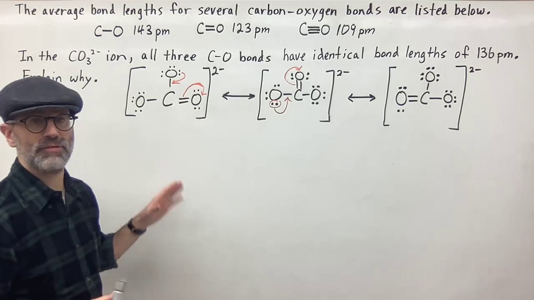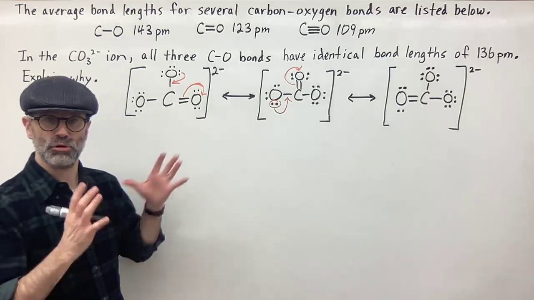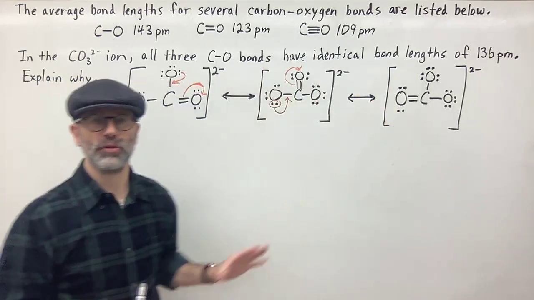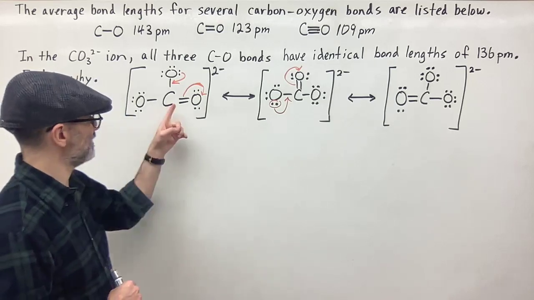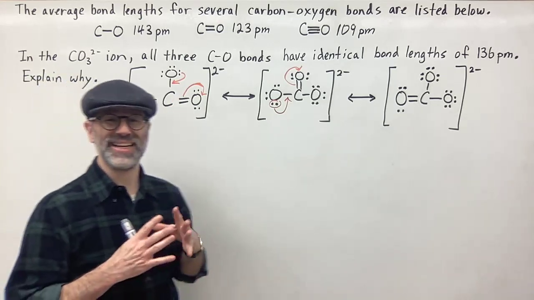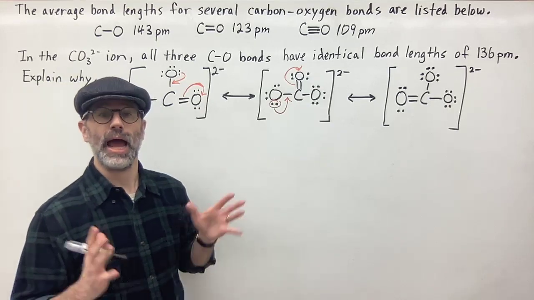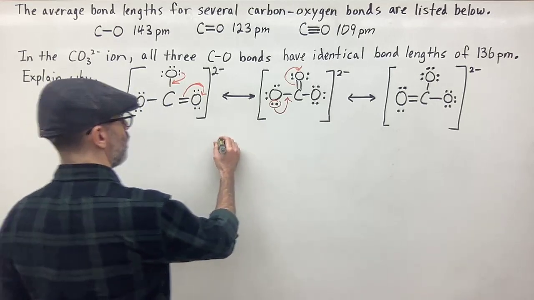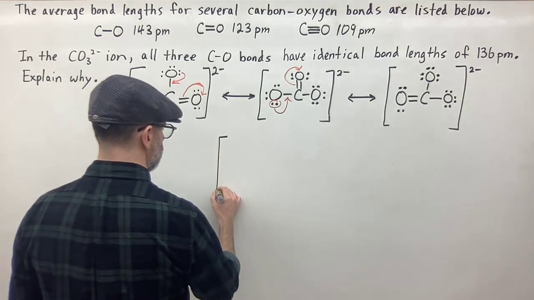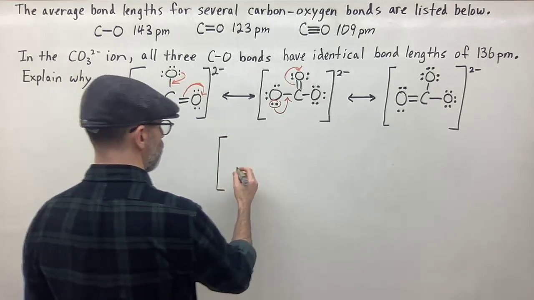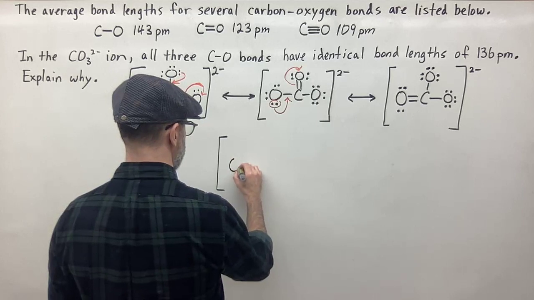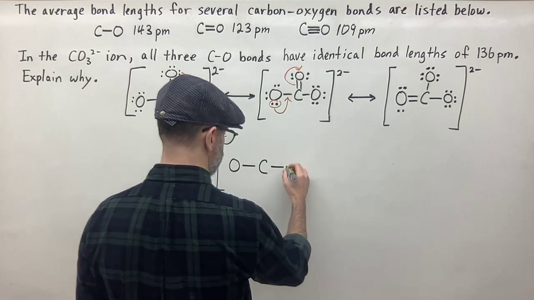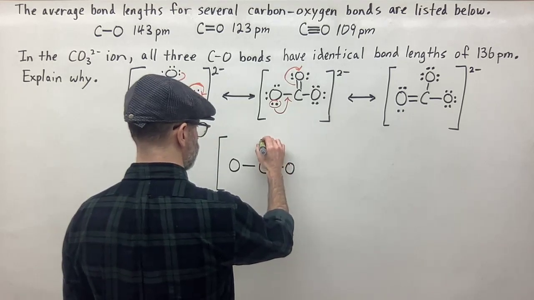So you can think of the actual molecule, the actual polyatomic ion here, as being a hybrid of all three of these. And so this double bond character is divided evenly among all of the oxygens. So what it will look like if we were to draw it better would be the oxygens bonded to the carbon, like so.